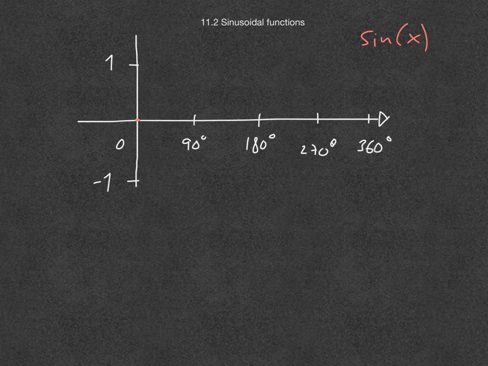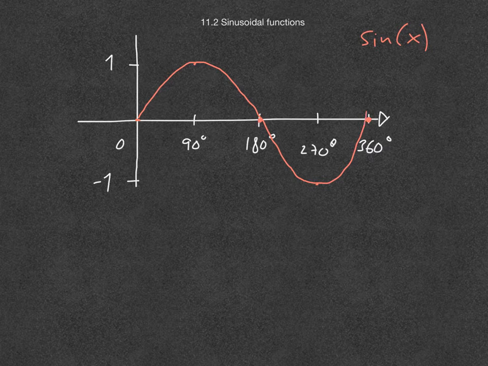Sine of 180 degrees is also 0, and sine of 360 degrees is the same as sine of 0 degrees, so that's a full cycle. Sine of 90 degrees is 1, sine of 270 degrees is -1. So when we draw the curve of the sine function, it's going to look something like this.